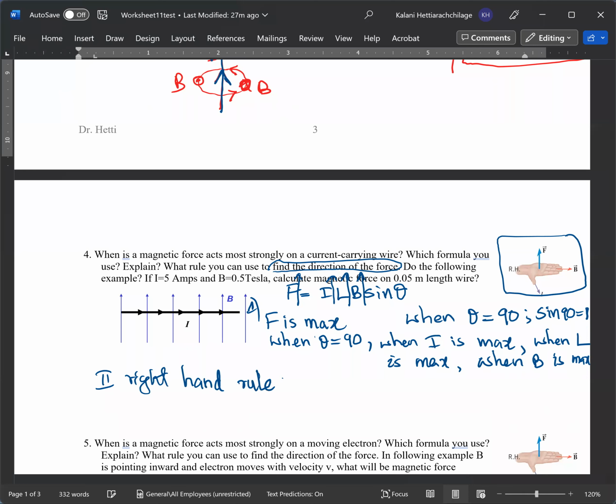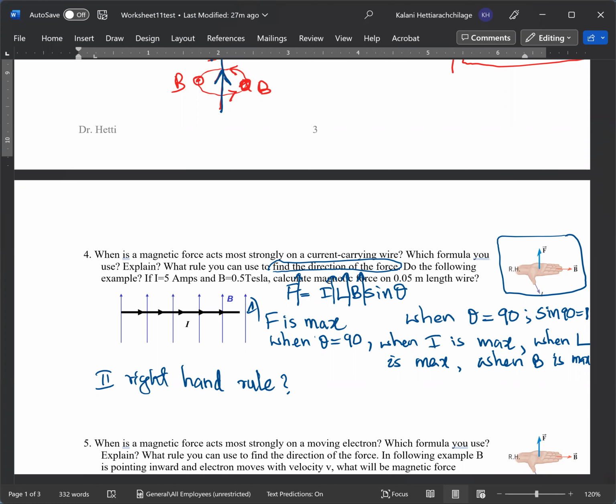One is the one that you used earlier to find the direction of the magnetic field. This one is to find the direction of the magnetic force when you have a current carrying wire or a charged particle. Okay. Right hand rule, and do the following example. If I is 5 and B is 0.5, calculate the magnetic force on 0.5 length.